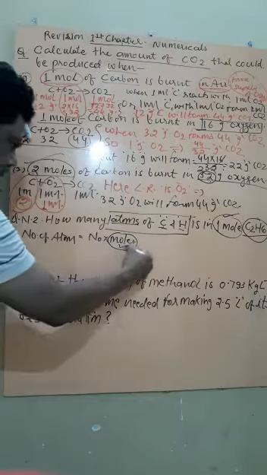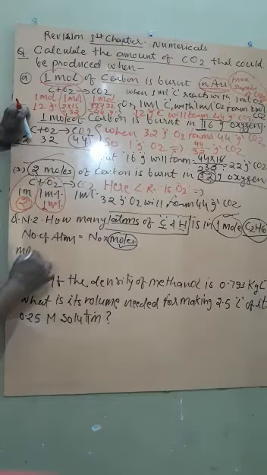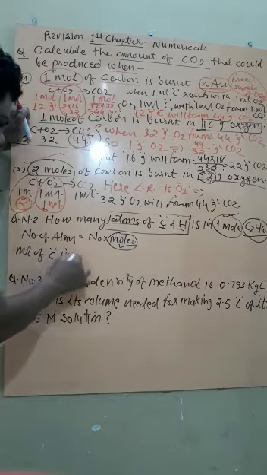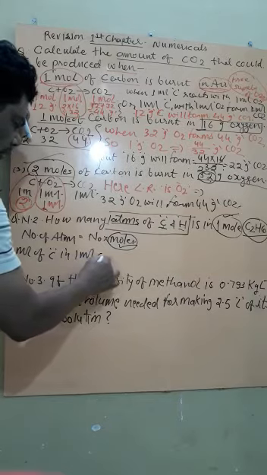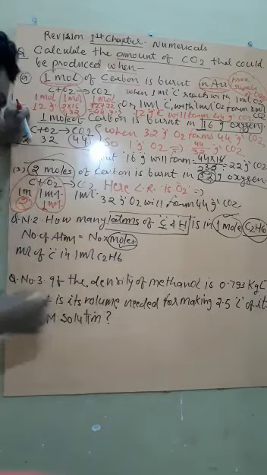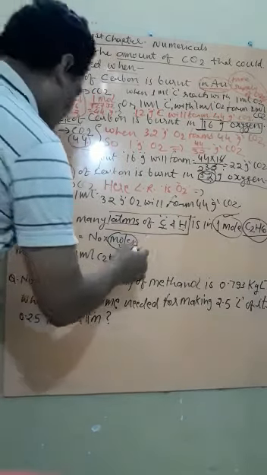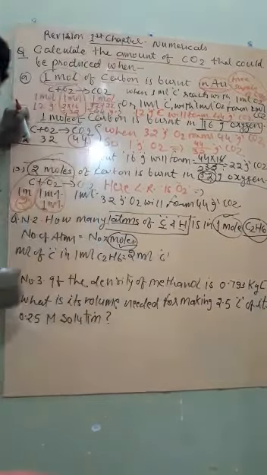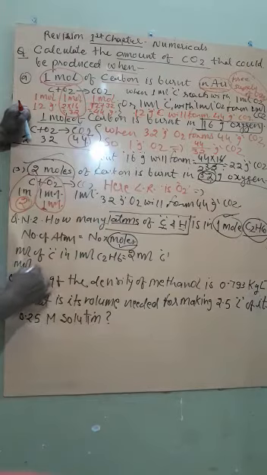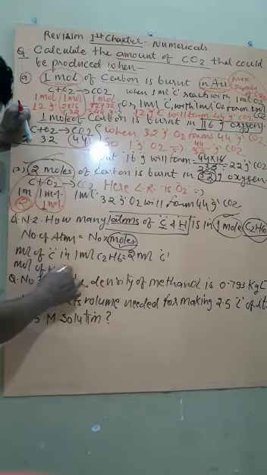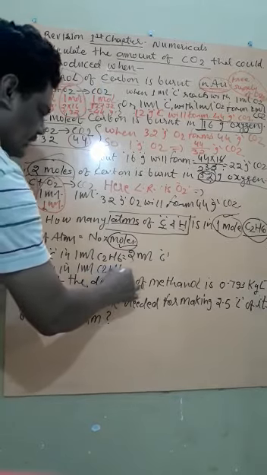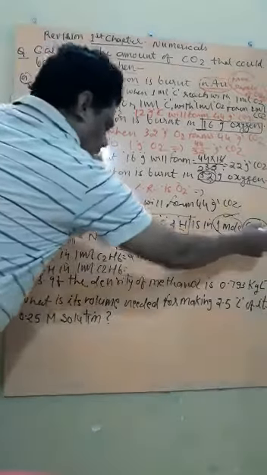So now to find moles, we will write moles of carbon in 1 mole C2H6 is equal to 2 moles of carbon, and similarly moles of hydrogen in 1 mole C2H6 is equal to 6 moles of hydrogen, as 6 atoms are there.